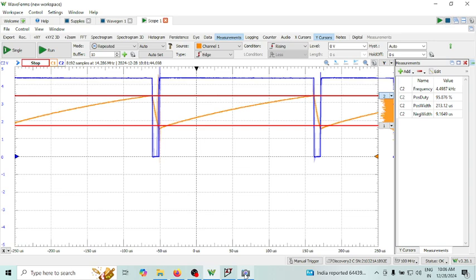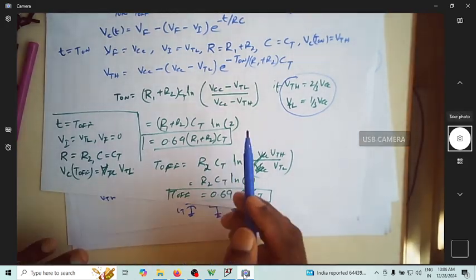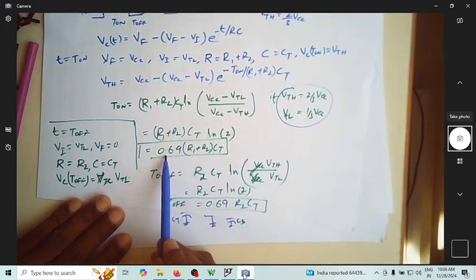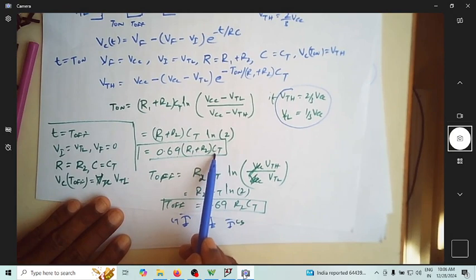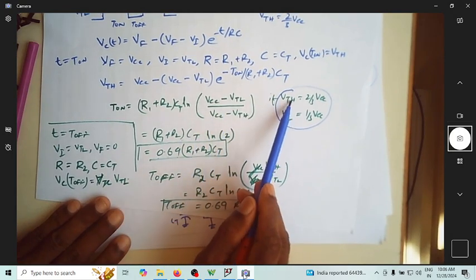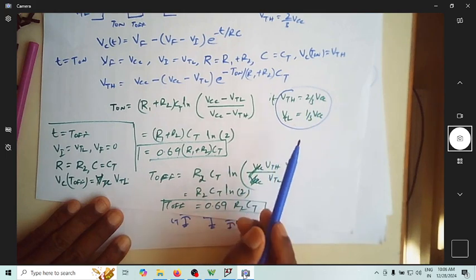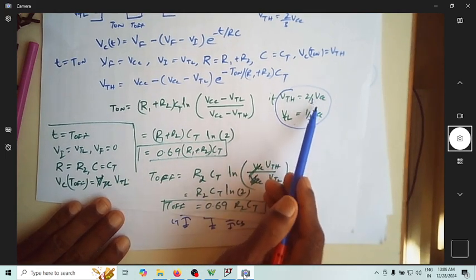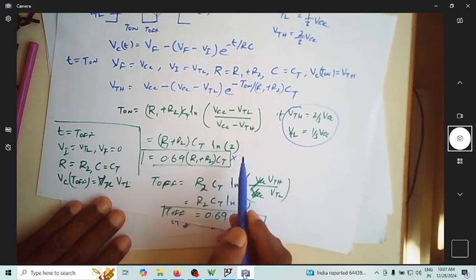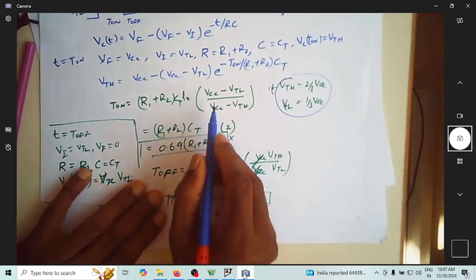In the expression for T on and T off, 0.69 R1 plus R2 into CT is valid provided VTH and VTL are 2/3 VCC and 1/3 VCC. The moment you are not having 2/3 VCC, this is not valid.